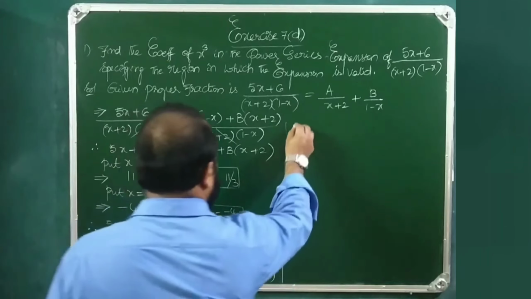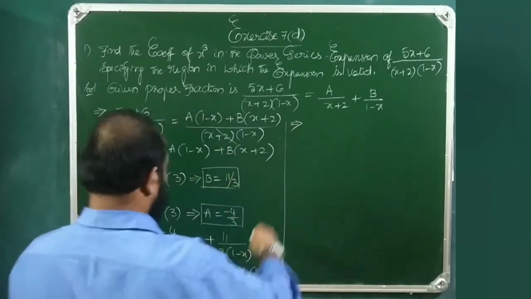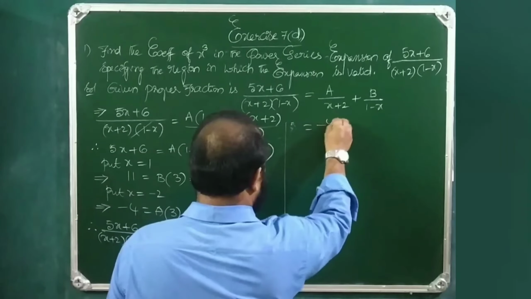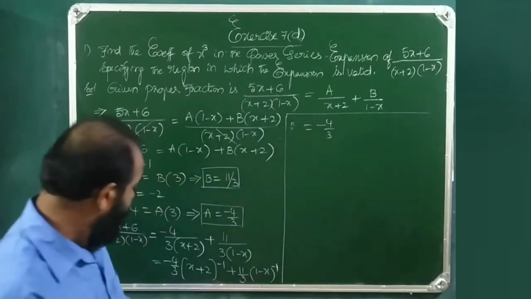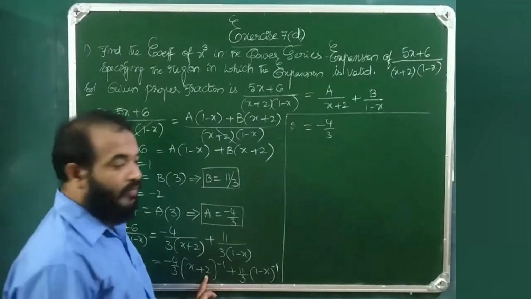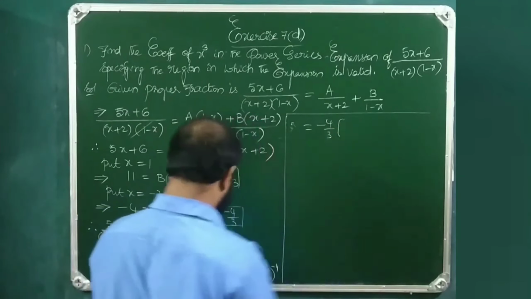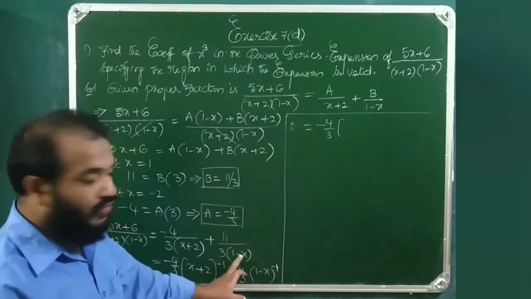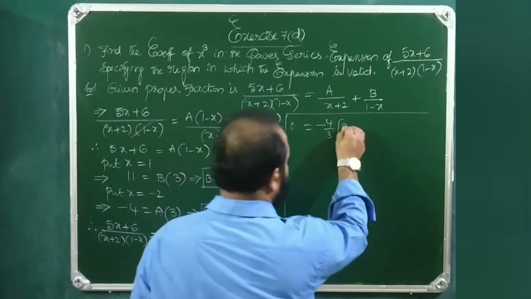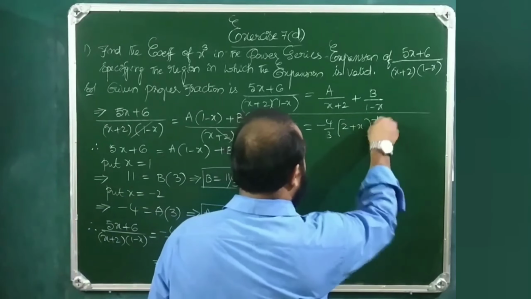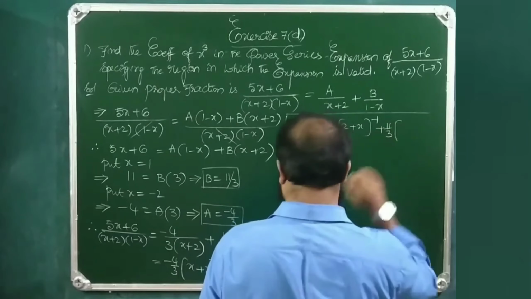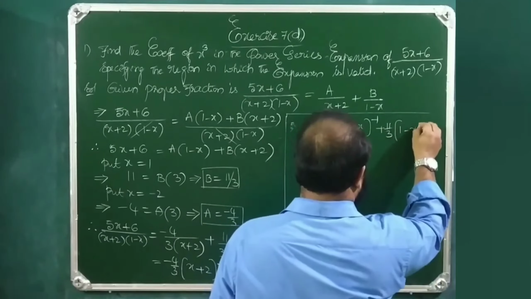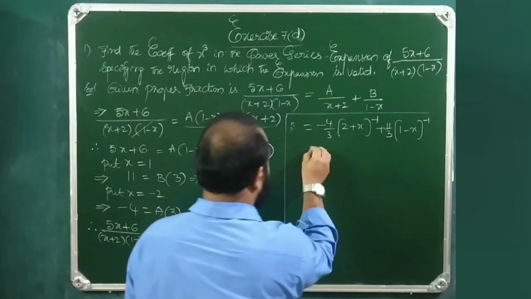This implies this is equal to minus 4 by 3 into (x plus 2) whole power minus 1. So this can be written as (2 plus x) whole power minus 1, plus 11 by 3 into (1 minus x) whole power minus 1.